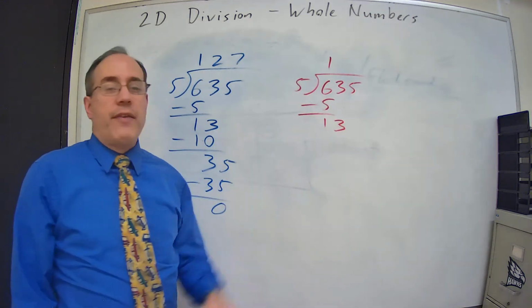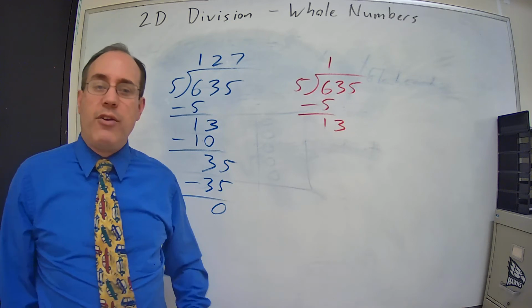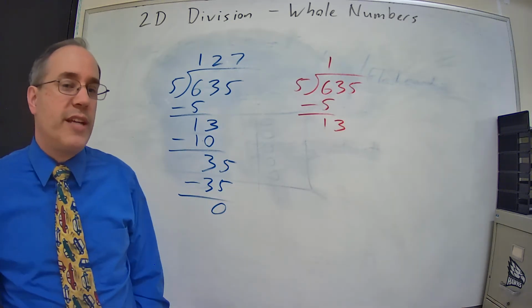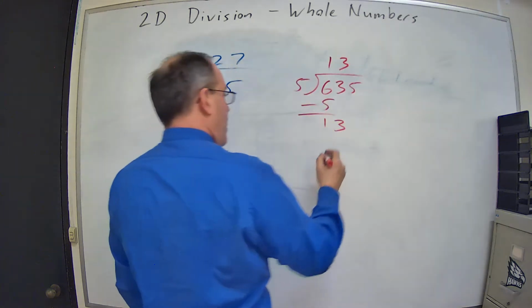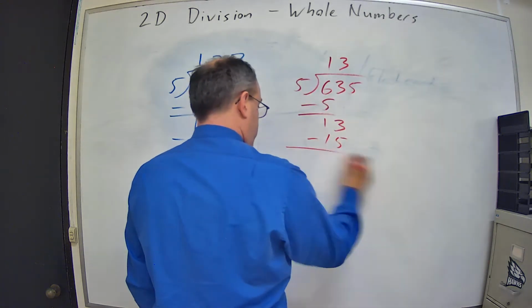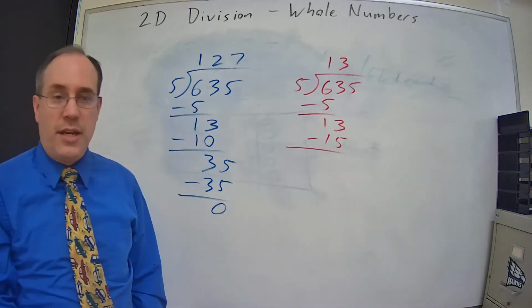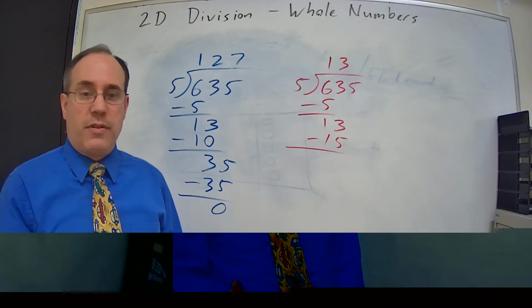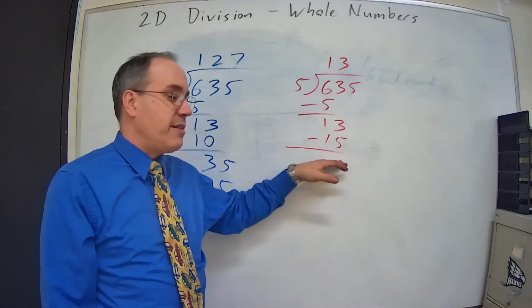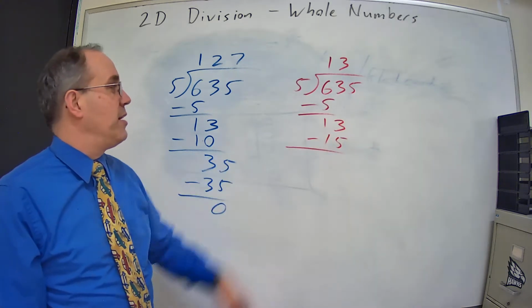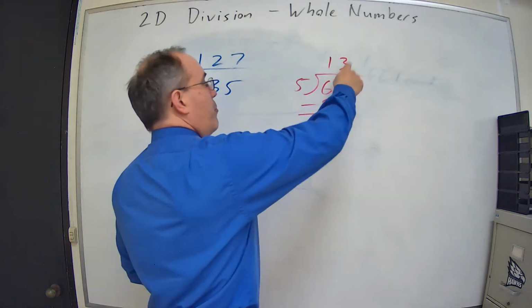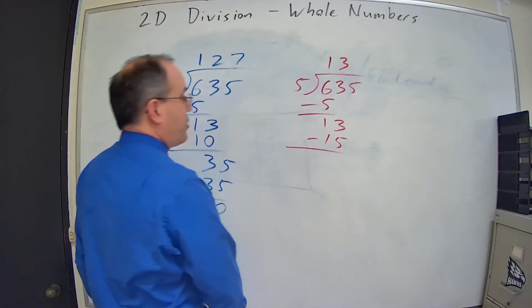How many times does 5 go into 13? Let's say it goes in 3 times. 3 times 5 is 15. 13 minus 15, whoops. I can't take away 15 from 13. Can't do it. So this number must be too high. So then I would take it down.